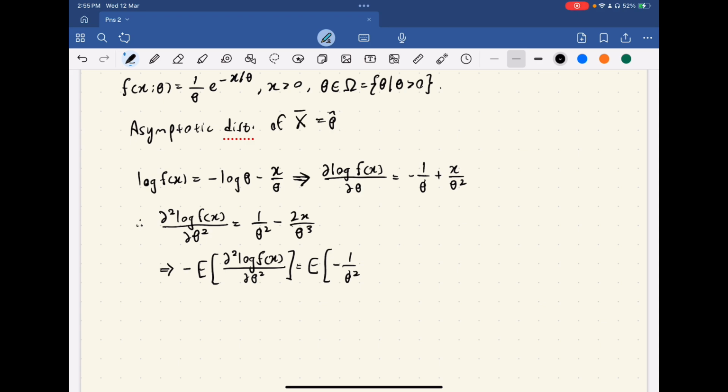Notice I negate it, there's a negative sign here. Okay. So I just bring the negative sign inside, and then I will have this thing. Turns out this equation here turns out like this.